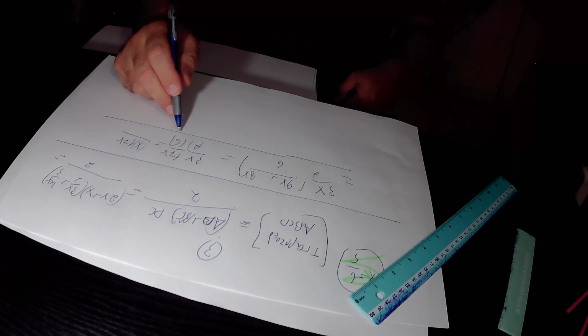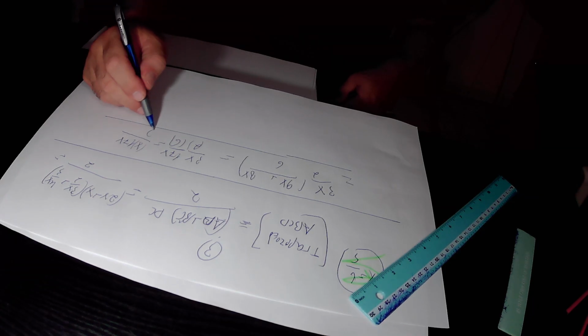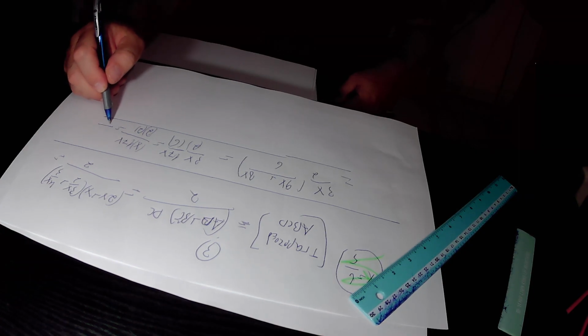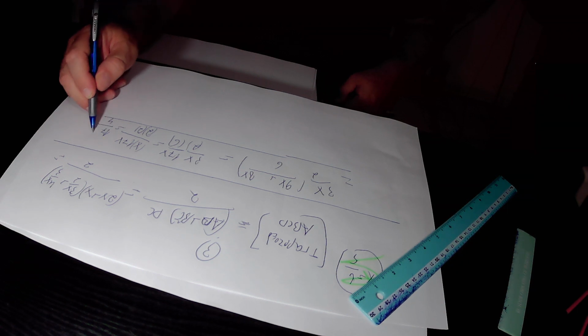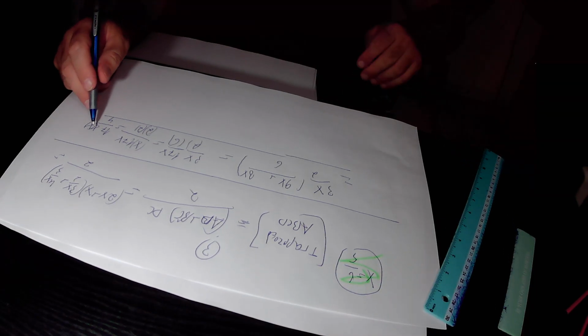So 6 over 3 is 2, so in the denominator we are left with 2 times 2. 2 times 2 is 4, so in the denominator we are left with 4. In the numerator we have 17 times x times x. So in total, the area of trapezoid ABCD equals 17 over 4 times x times x.